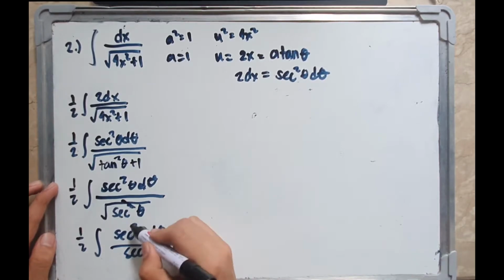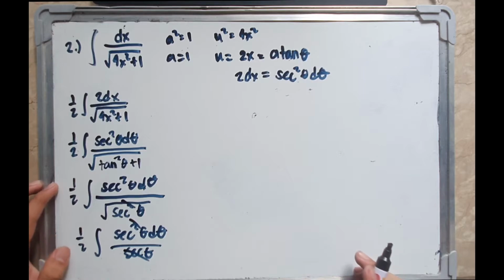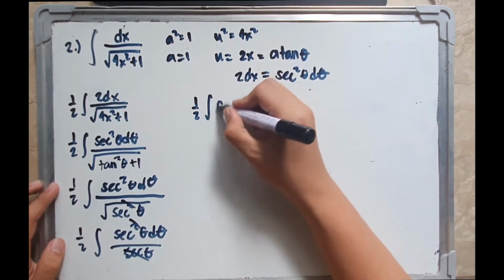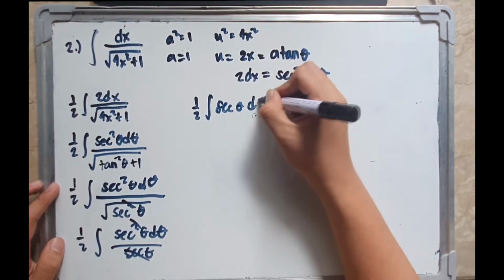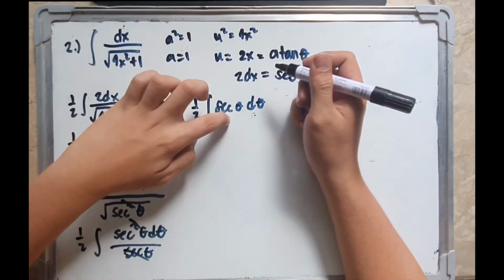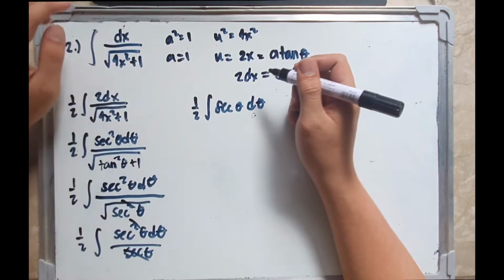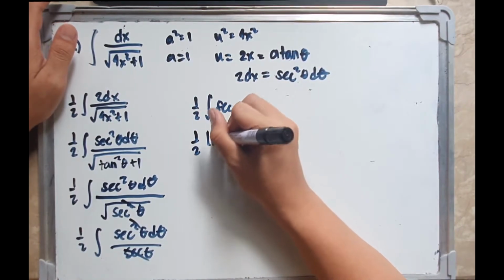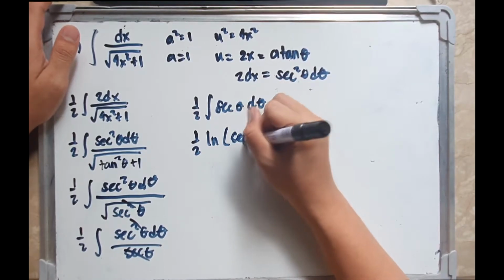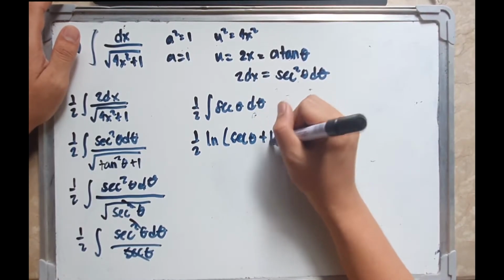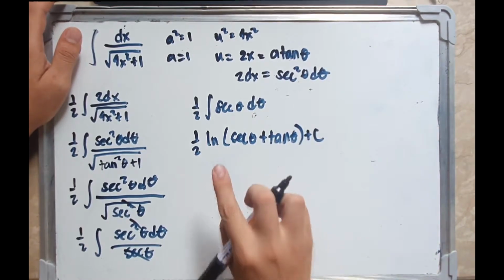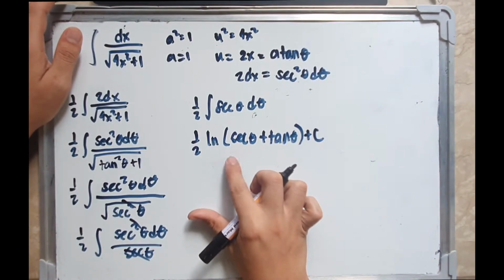We could cancel another value of the secant theta, so we now only have 1/2 integral of secant theta d theta. We've already found the value of this one in our previous topic, so that is equivalent to 1/2 ln of secant theta plus tangent theta plus c. This is our final answer for the trigonometric function.